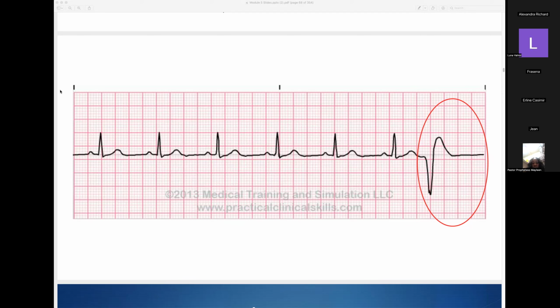Yes, I would say it looks very wide. Would you say it has a very bizarre appearance?